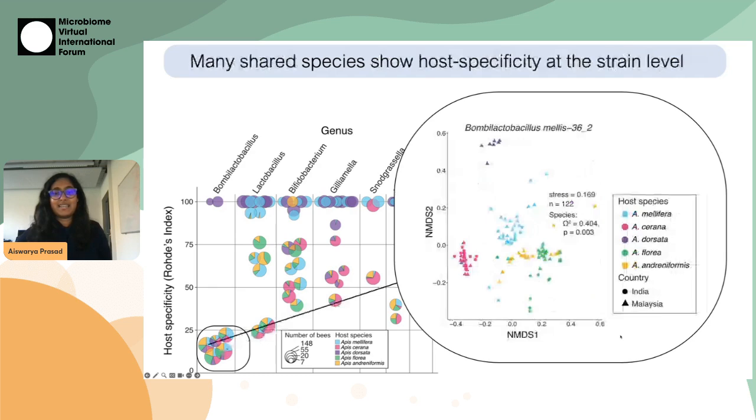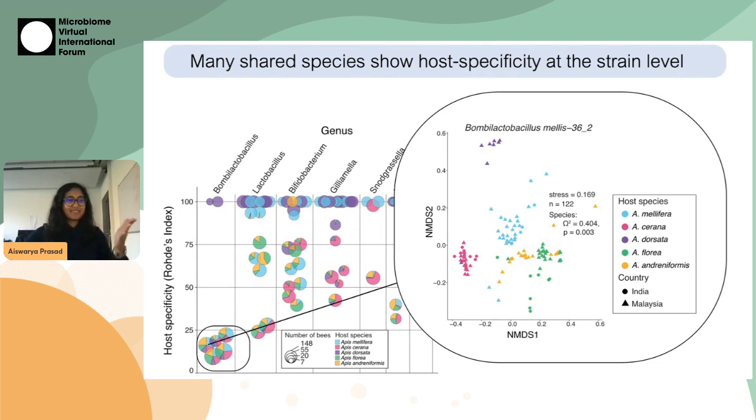However, its neighbor, on the other hand, actually shows a host-specific strain-level distribution. And this holds even across locations. This indicates that there are species, for example, found in Apis mellifera, both in India and Malaysia, that share the same strain, but not with the other host species found in the same location.